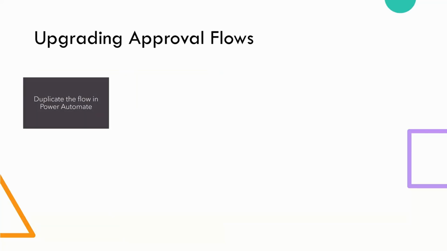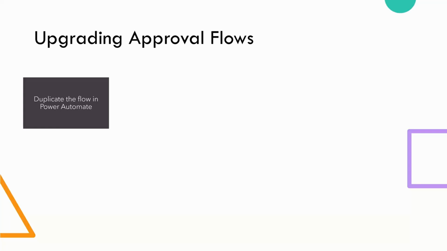When you want to upgrade an approval flow, the first step that you need to do is duplicate the flow in Power Automate. Do not just open the Power Automate flow and make your changes directly in it. I mean, usually you make the modifications in a development environment anyway.